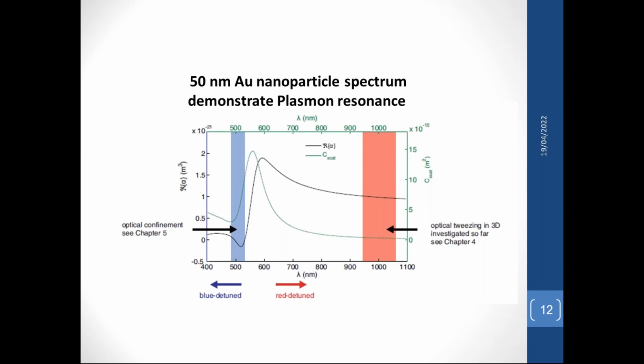Our laser is used at 975 nanometers. So we are actually here in the spectrum, and we are far from the resonance of the AU.